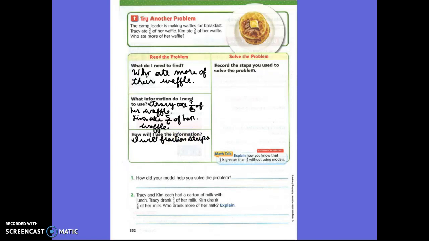Fraction strips to compare the lengths of the models to see who ate more.